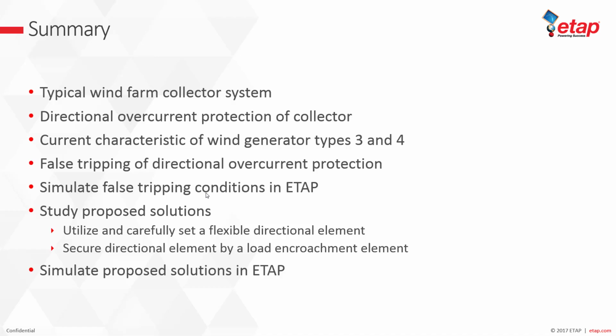Let me summarize my webinar at the end. We talked about the typical beamform collector system and how the phase directional overcurrent protection is applied, and then we looked at the current characteristics of type 3 and 4 wind turbines, and we discussed that they can provide full range reactive power support. They can go all the way from capacitive to inductive, and they can do that even when there is no power generation.